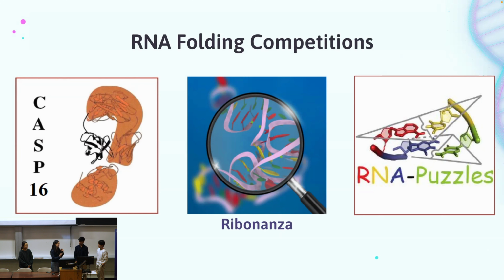Obviously we are not the only people concerned about this problem. There are a lot of different competitions. CASP15, well, 16 now, is a competition that used to focus on protein structure prediction, but after AlphaFold came out, they moved on to RNA. Ribonanza was a competition hosted by Stanford on Kaggle that helps to determine RNA folding structures.